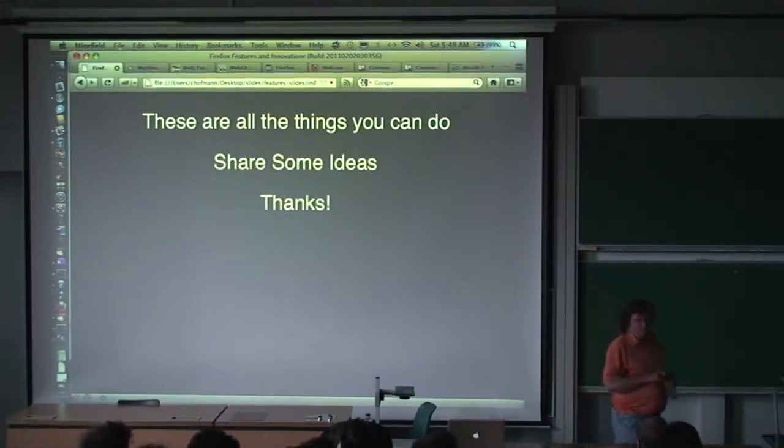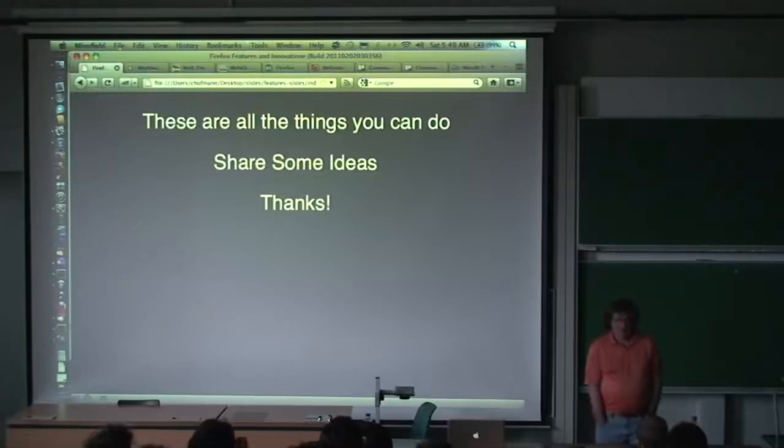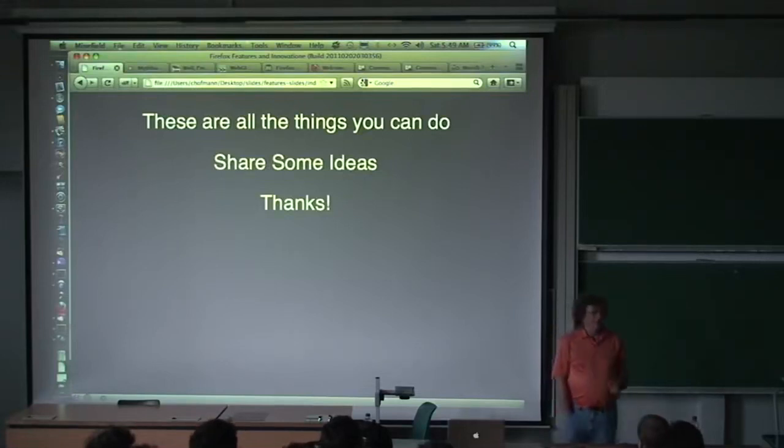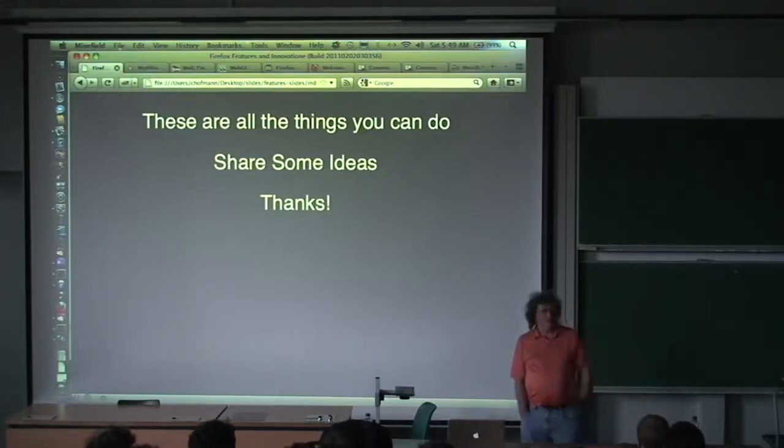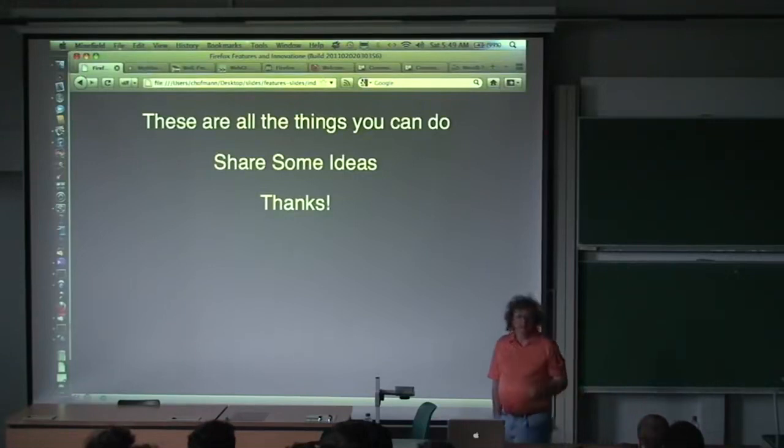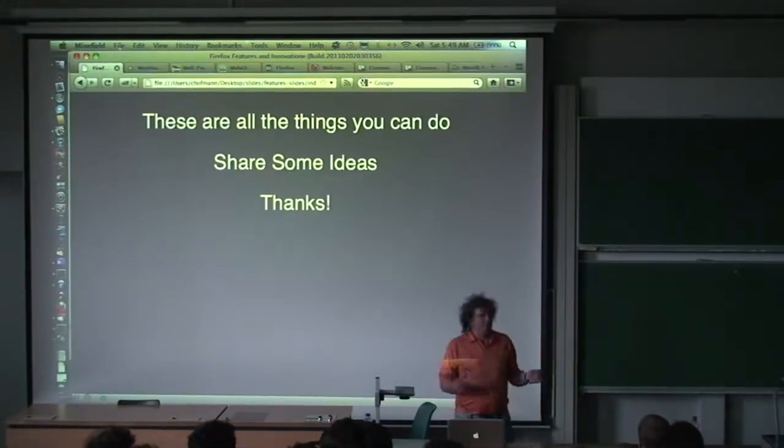What's the process? Mostly we try to shift the responsibility for making decisions about any area of the code to the module owners of that specific area of code. So if it's a networking feature, there's someone who is the module owner of the networking code, and they make decisions on what features go in or out.